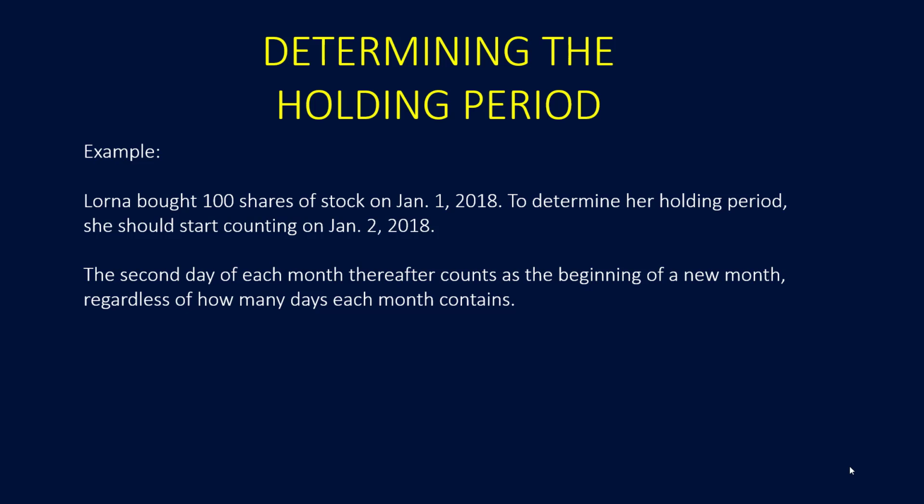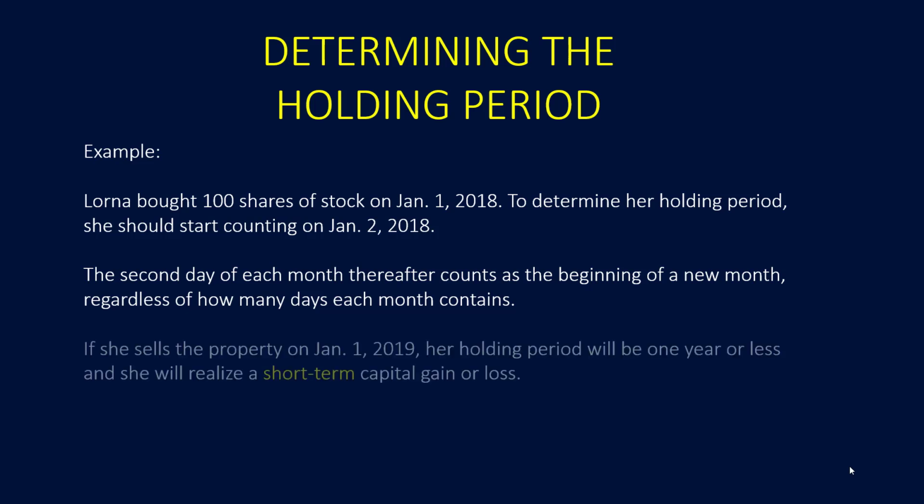The second day of each month thereafter counts as the beginning of a new month, regardless of how many days each month contains. If she sells the property on January the 1st, 2019, her holding period will be 1 year or less, and she'll realize a short-term capital gain or loss.